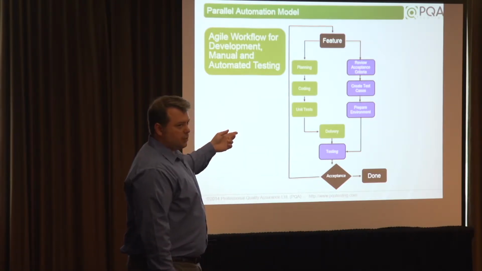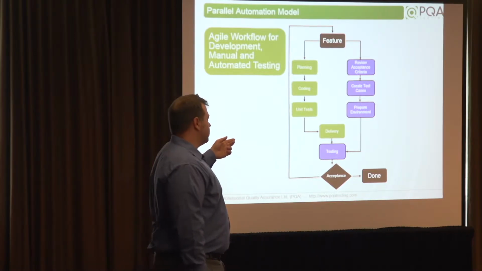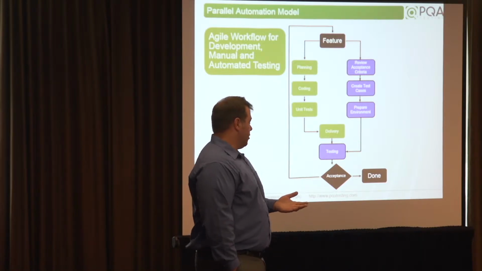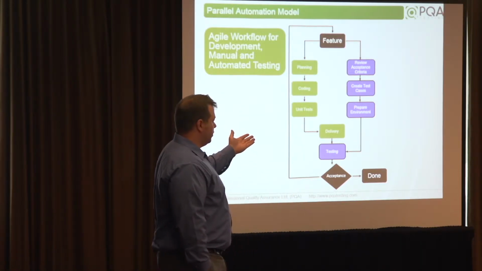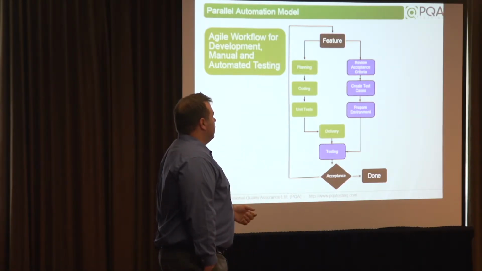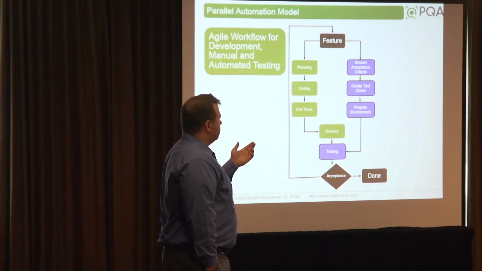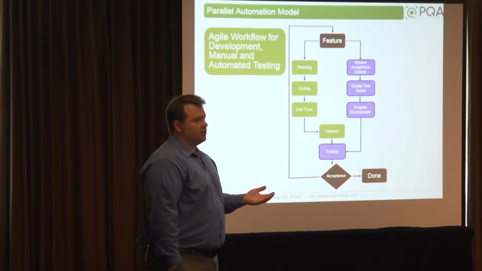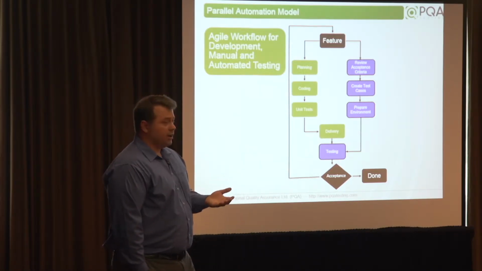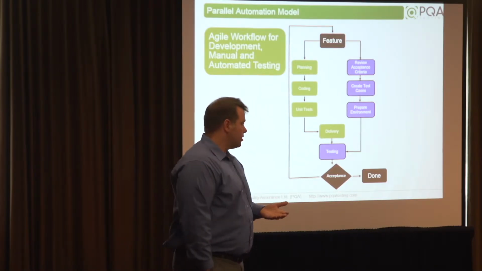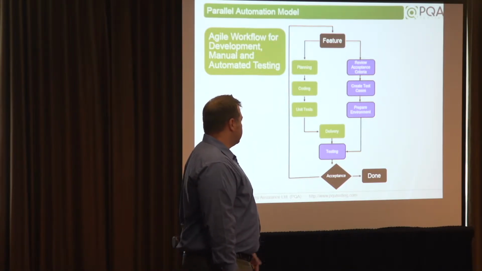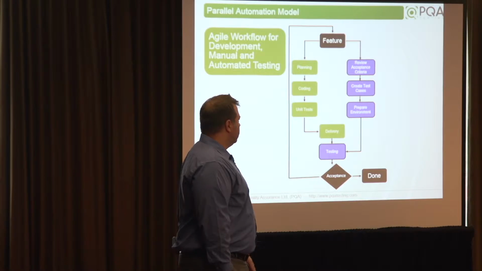Coding and unit tests may happen in different order depending on how your development team works, and depending on your development team, the unit test part may not happen at all. At some point, they're going to deliver something, though. On the manual QA side, you have reviewing acceptance criteria, creating test cases, preparing an environment, getting ready to start testing that feature, and then once delivery happens, testing, acceptance, and done.